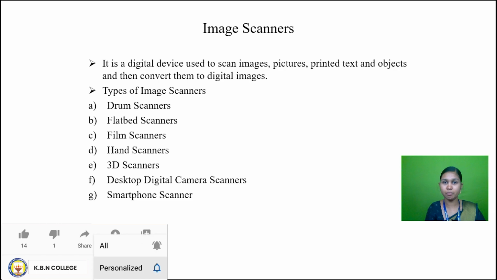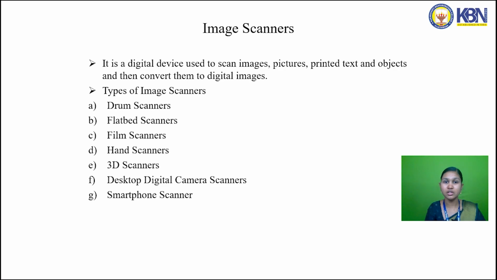Whenever you buy some stationery, or recently every day at DMart, we are using hand scanners only. Among these types of scanners, the better scanner is the desktop digital camera scanner. Why? Because these other scanners need some supporting software or some supporting printer, but this desktop digital camera scanner connects directly to the computer.